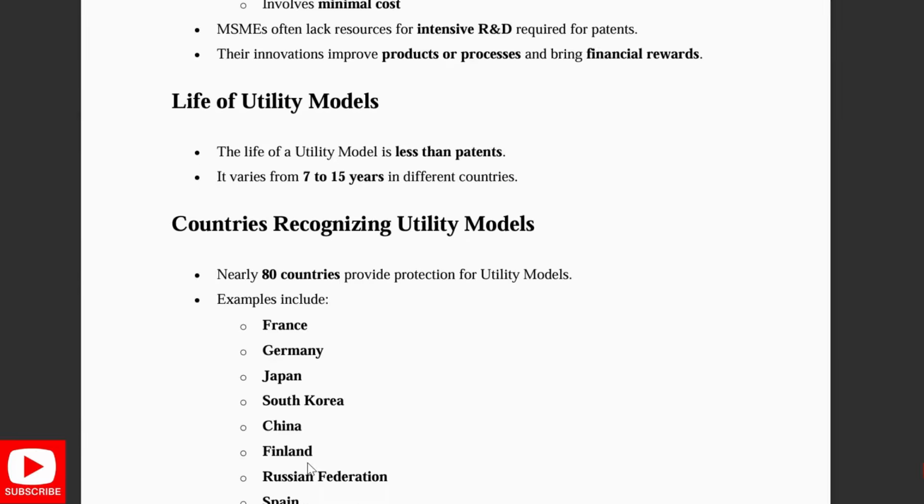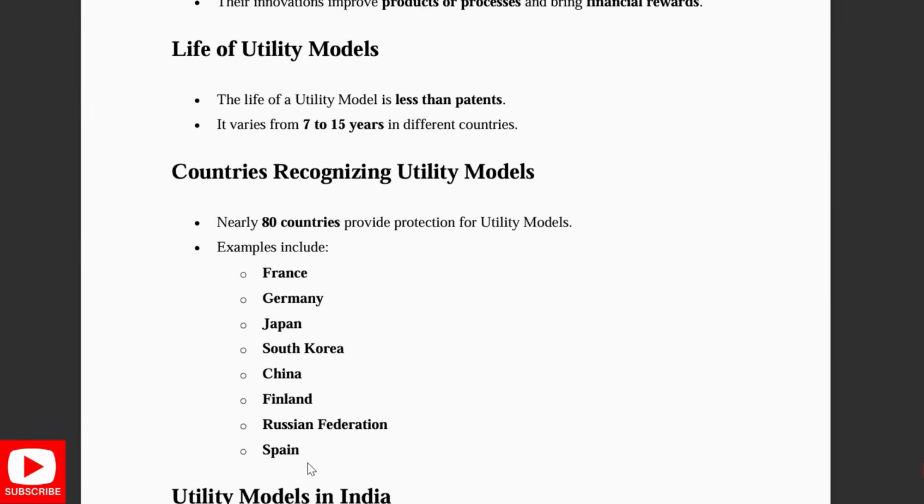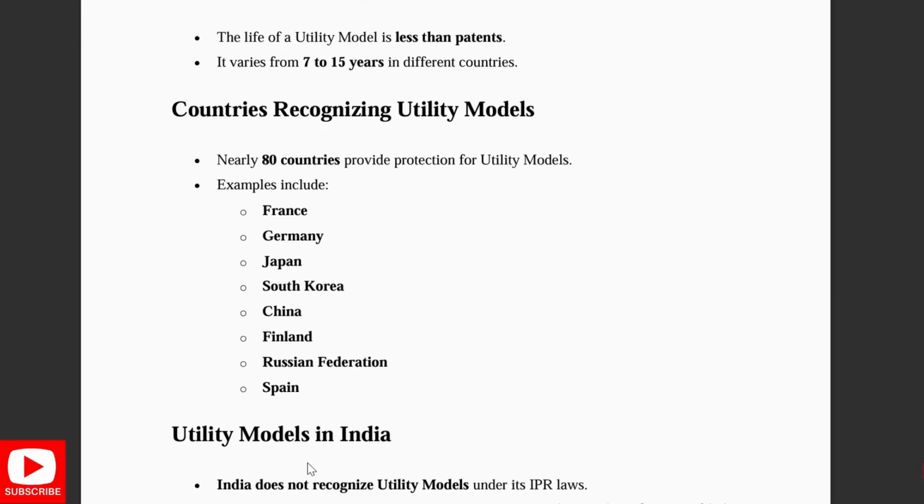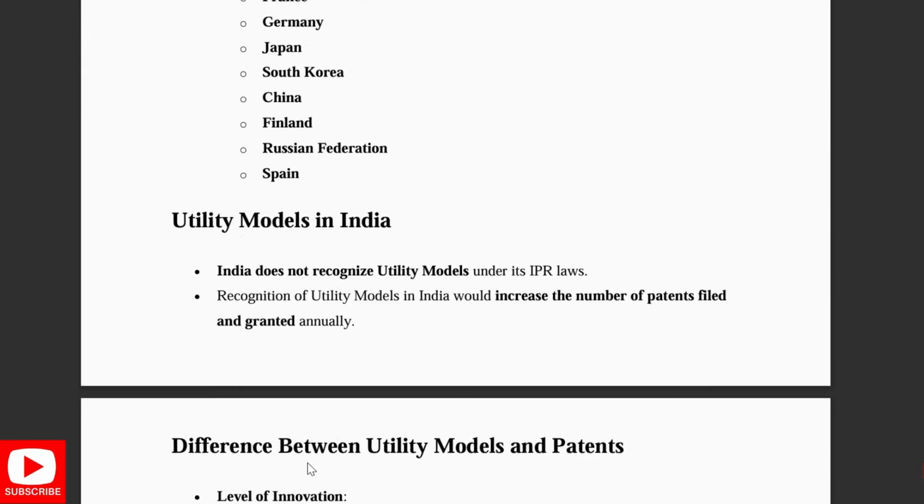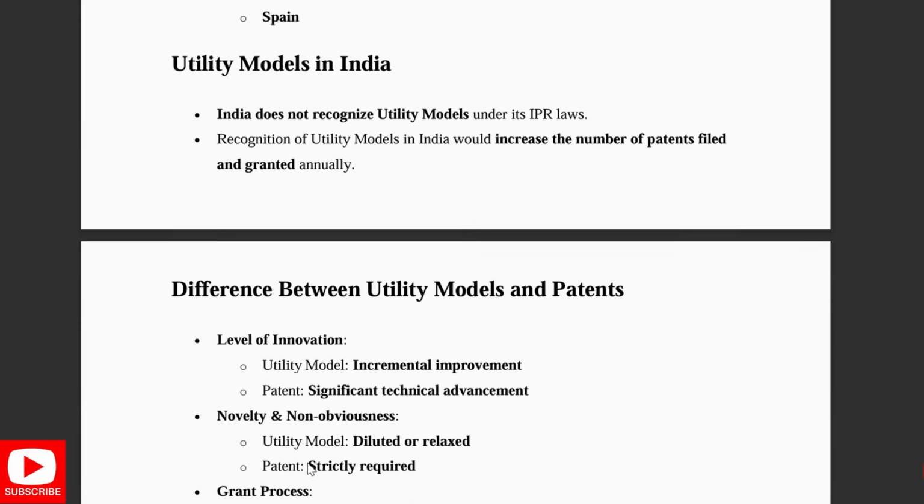Life of utility models is less than patents, around 7 to 15 years. Countries recognizing utility models are only about 80, and some of them are given here. In India, India does not recognize utility models under the IPR. The recognition of utility models in India would increase the number of patents filed and granted annually.